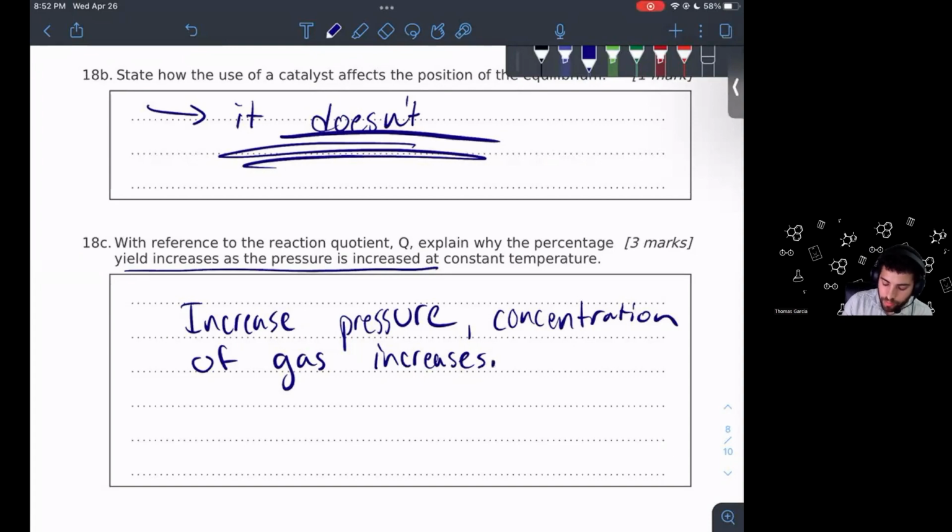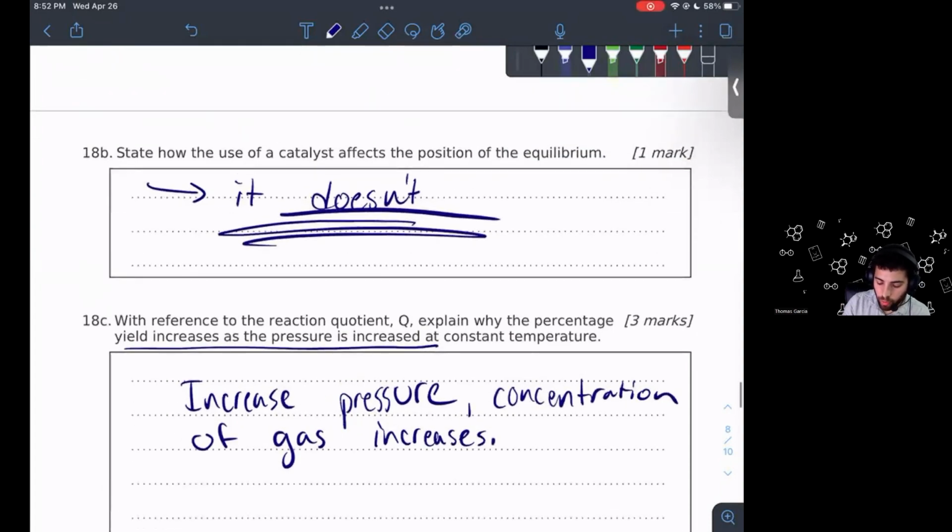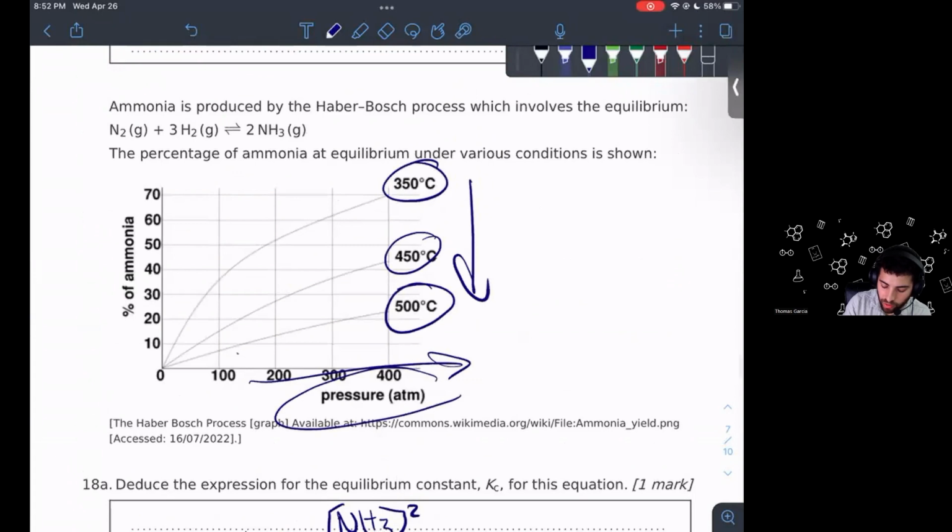But furthermore, just by our knowledge, if we're shifting the reaction to the right, we are shifting towards ammonia.